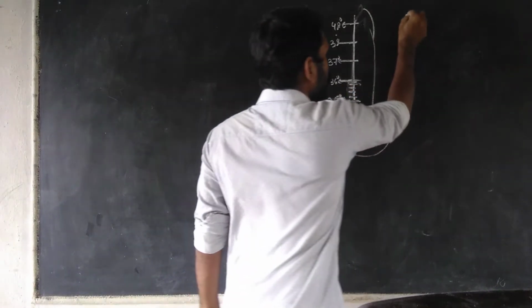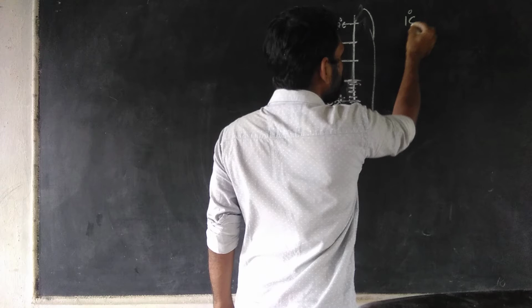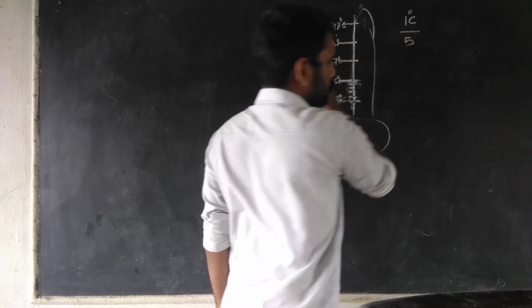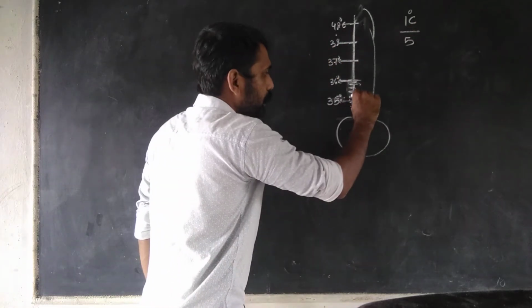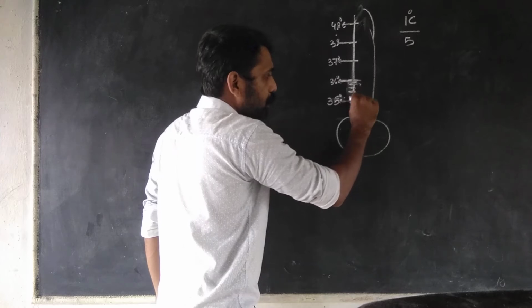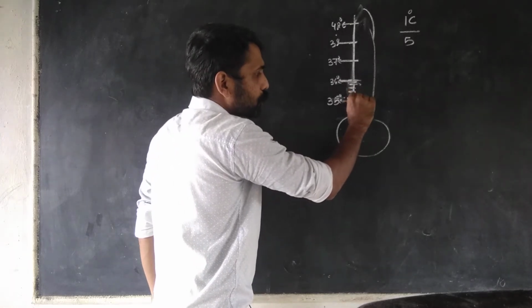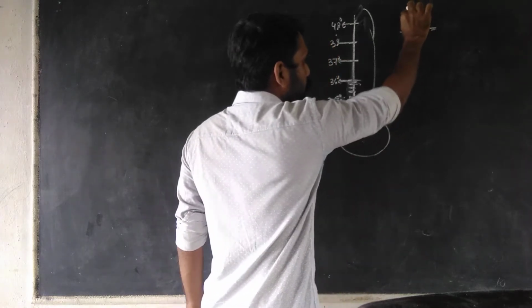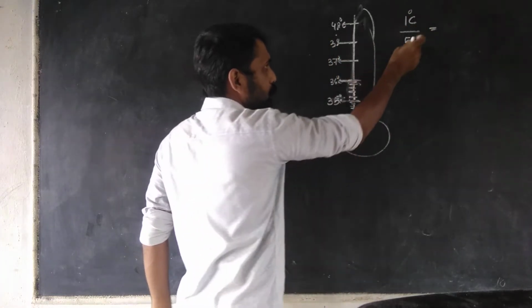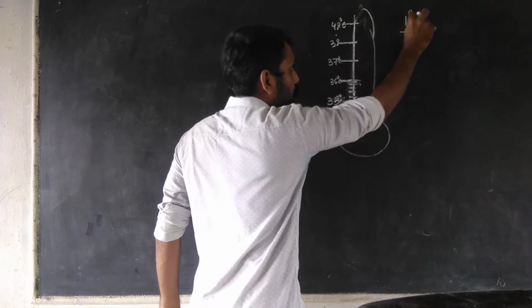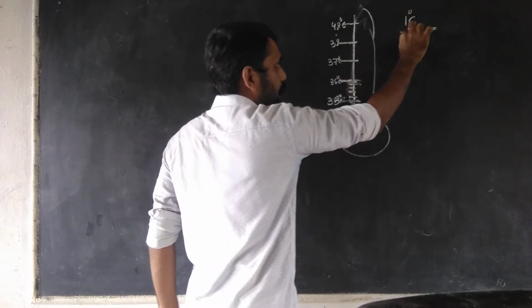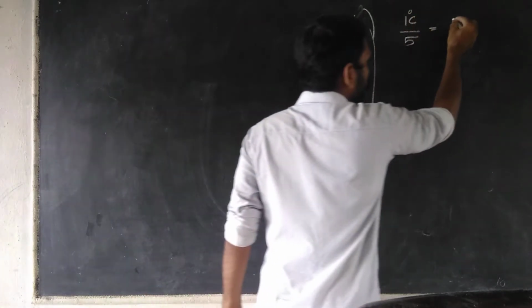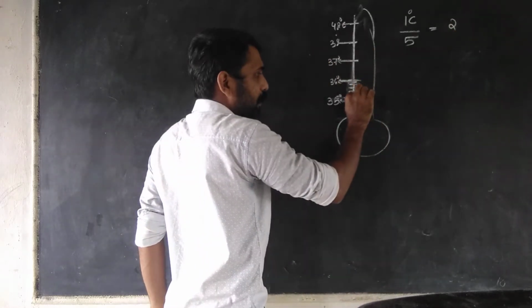Here 1 degree Celsius is divided into 5. So what will be the value of one small division? We can get it by dividing 1 degree Celsius by 5. So what will be the value of 1 small division?